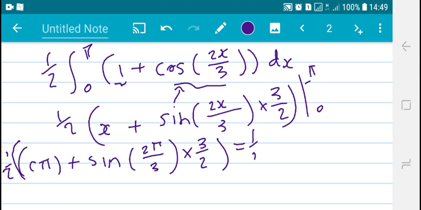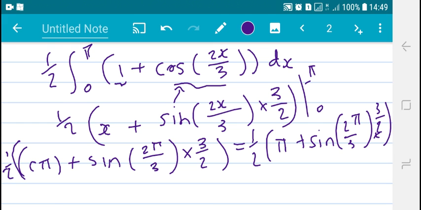So it's a half, you've got pi plus sine of 2 pi over 3 times 3 over 2. Now you just have to simplify the expression. You could just plug this all into the calculator now, or you could use the familiar values that you've memorized.